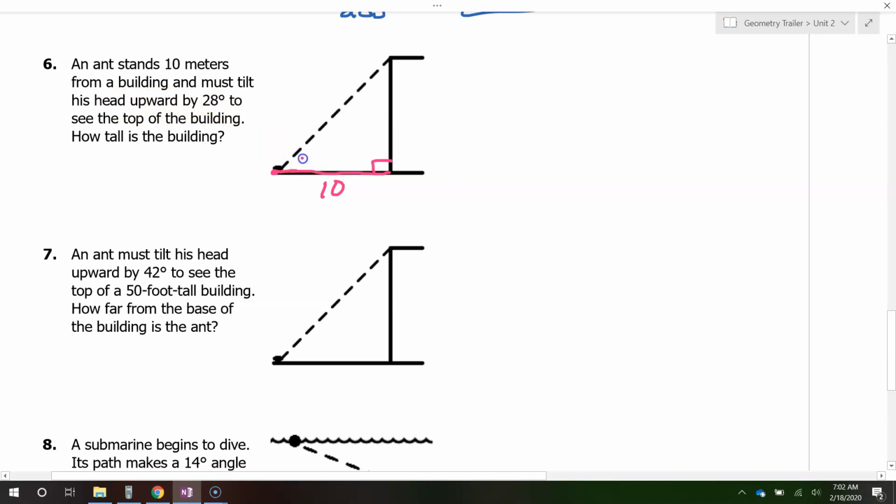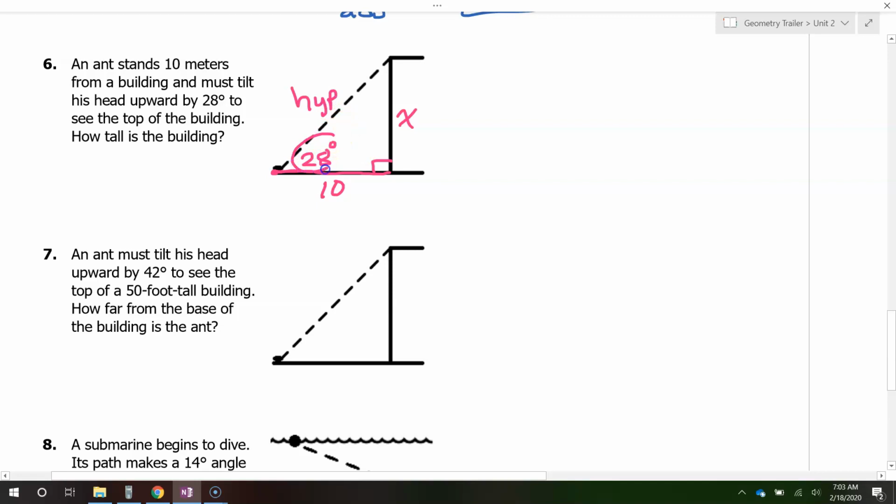So he's looking up at an angle of 28 degrees, from the perspective of the ant, to see the top of the building. How tall is the building? Well, the building is over here, so that must be the x that we are looking for. So where's the hypotenuse? The hypotenuse is right here across from the 90-degree angle.